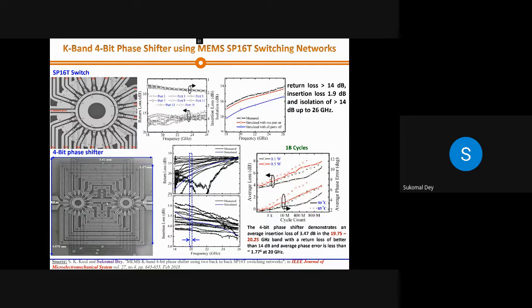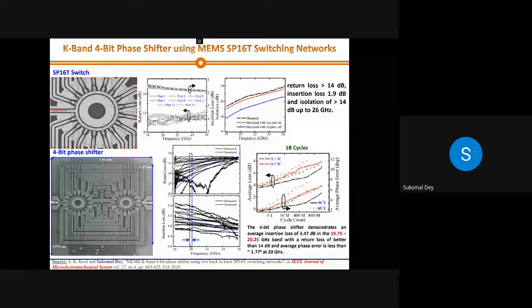Yes, you are claiming that for one phase state, your switch reliability and phase shifter reliability both are the same. But if you look at this particular topology, there are total 32 control elements. So we developed 10 such phase shifters. Out of these 10 phase shifters, only 3 worked up to 1 billion cycles. So 7 phase shifters failed in between.